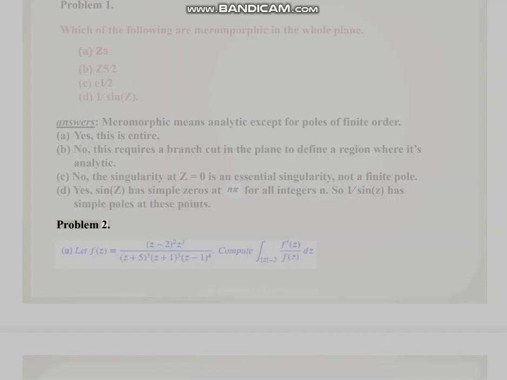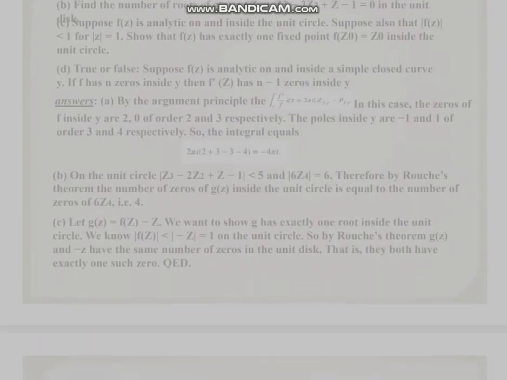Problem 2. B. Find the number of roots of g(z) = 6z^4 + z^3 - 2z^2 + z - 1 = 0 in the unit disk. C. Suppose f(z) is analytic on and inside the unit circle.